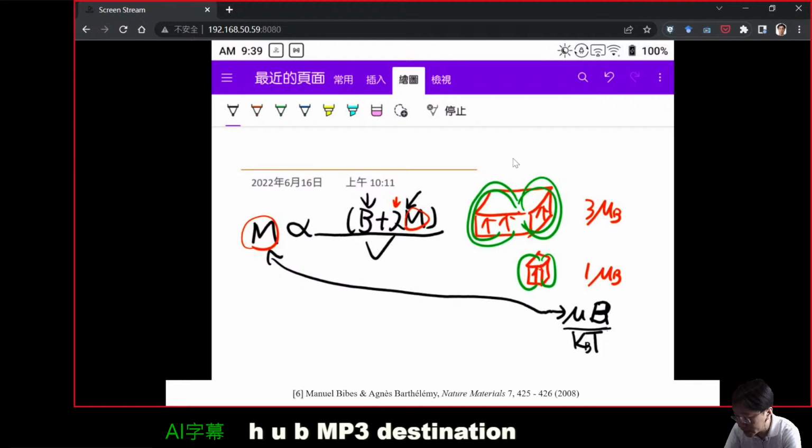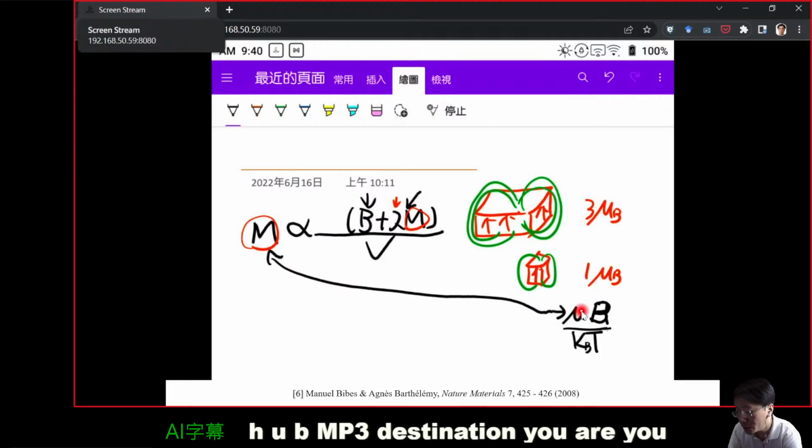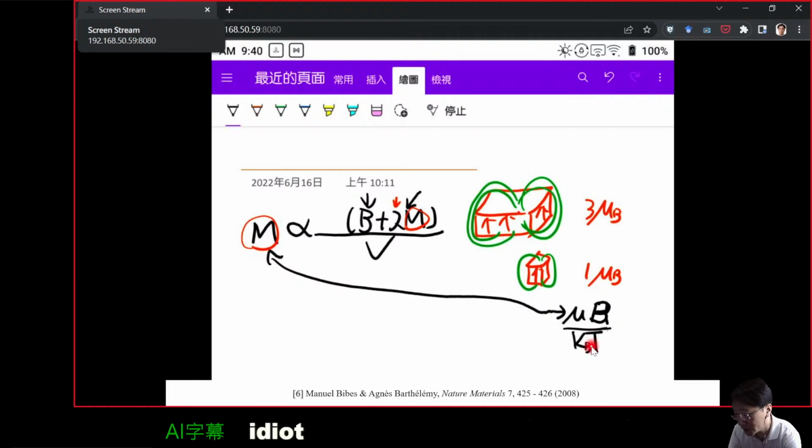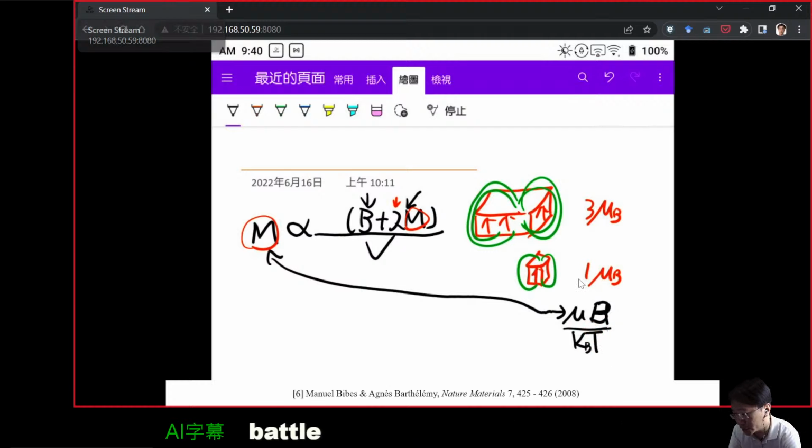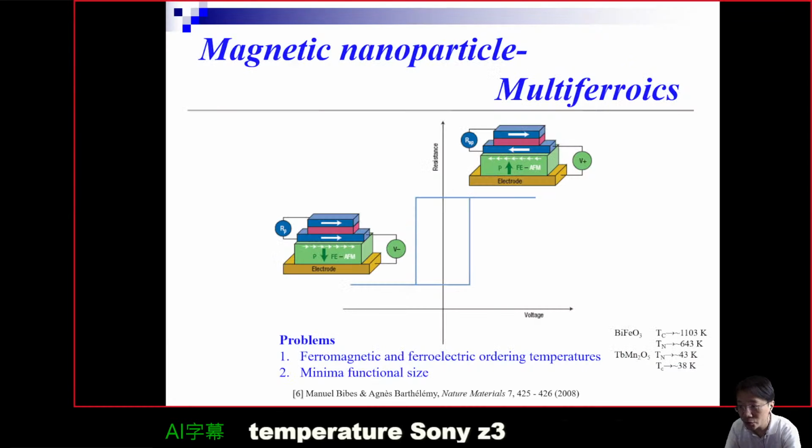So when you reduce the size here, you also reduce the mu, and it would not resist the thermal vibration. So we may not be able to order it at the specified temperature. So this is a very important issue for making a magnetic material.